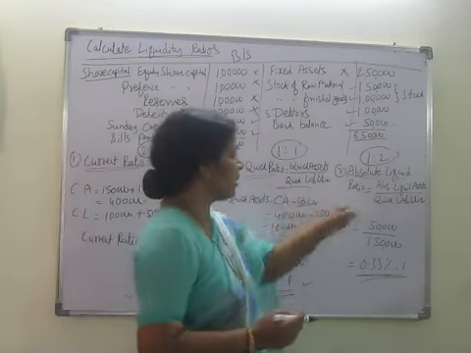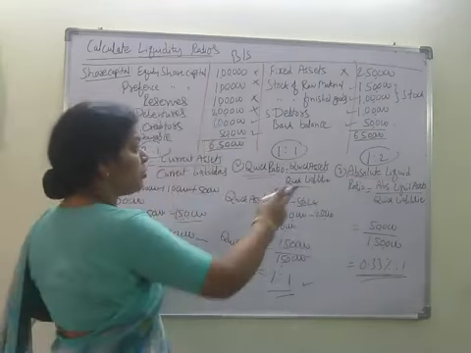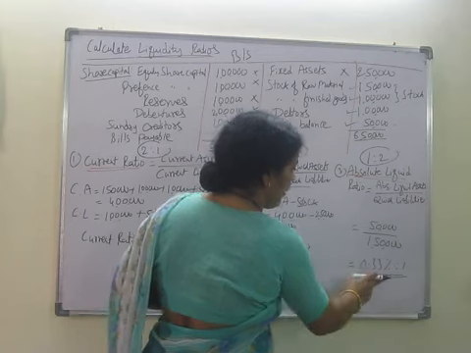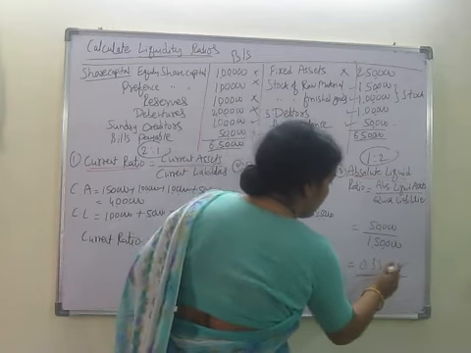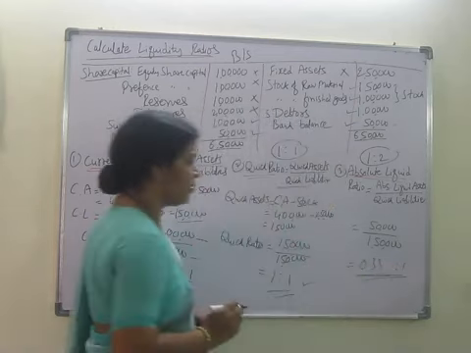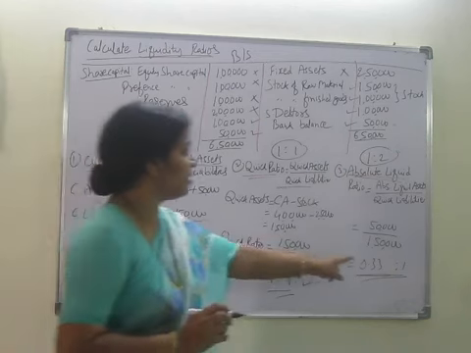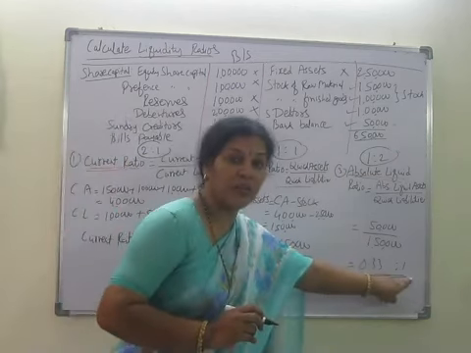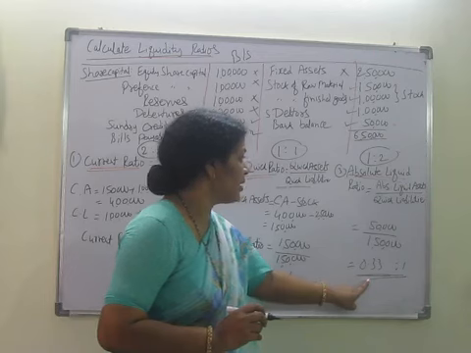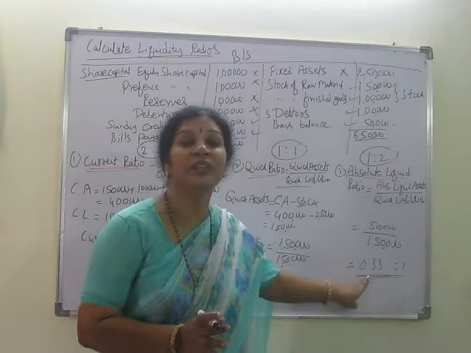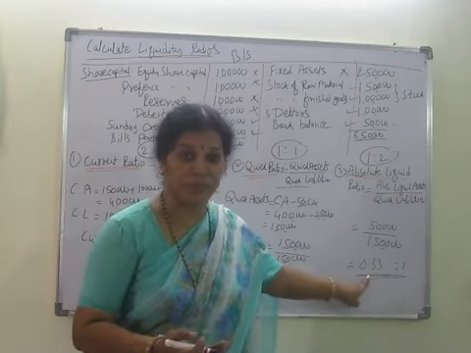Now the next one, the absolute liquid ratio. It should be 1:2. Now what are we having? 0.33:1. Liabilities are double, but assets should be at least half of the liabilities, because it is absolute liquid.